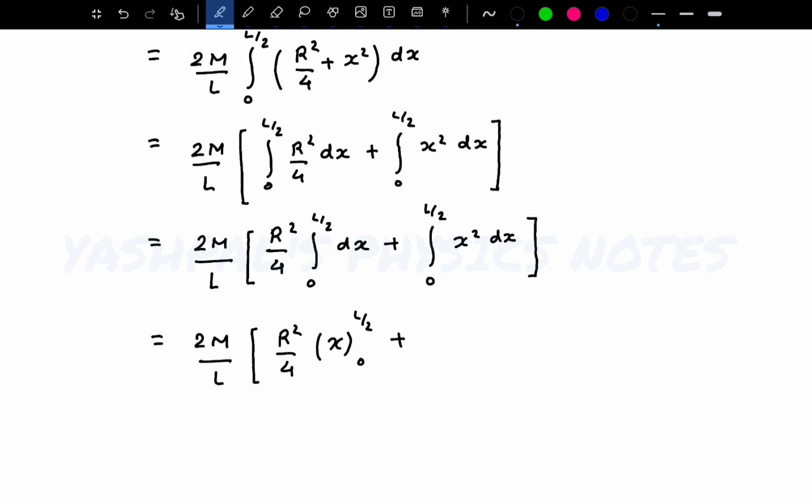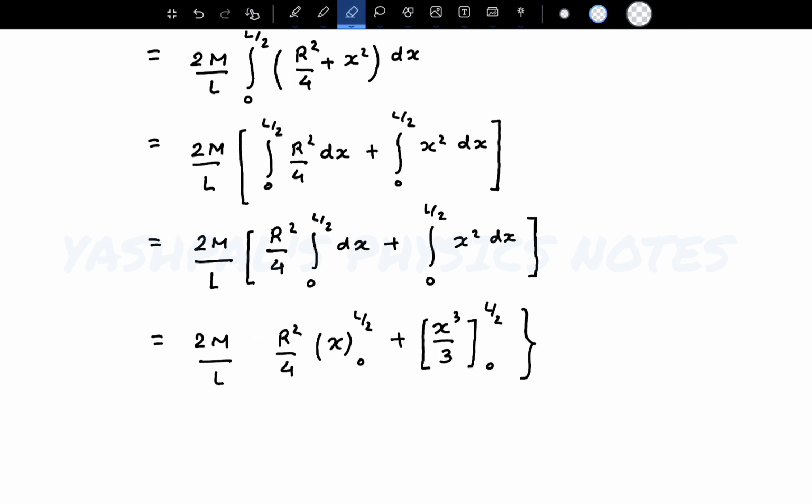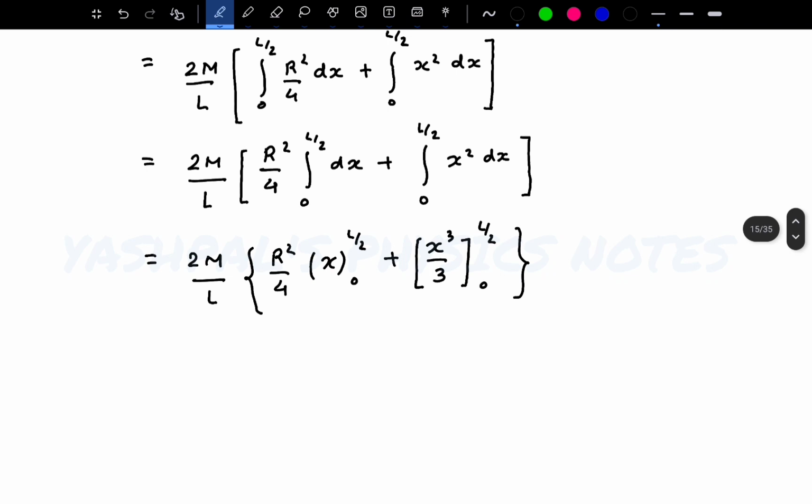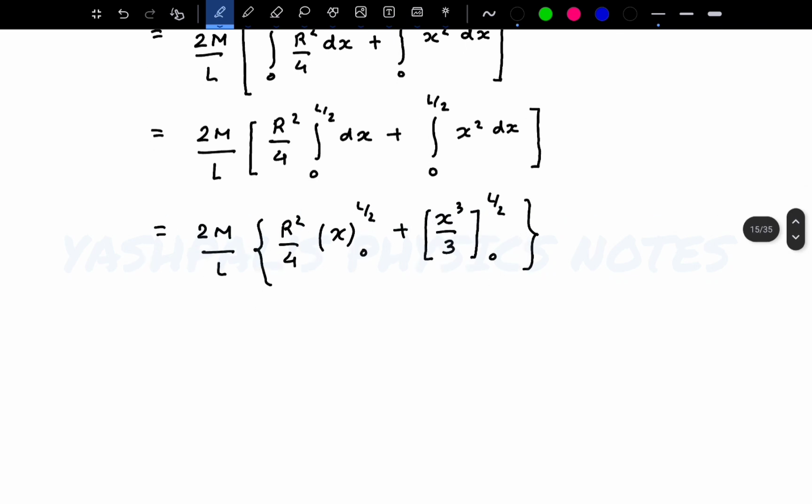Also integration of x square is x cubed by 3, and putting the limits L by 2 and 0. Curly bracket. Here also I can write the curly bracket. Okay. Now here we are going to substitute the values.